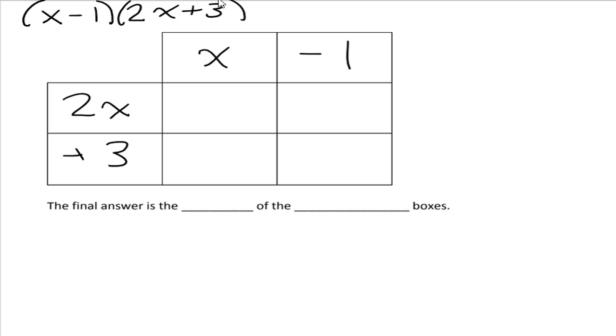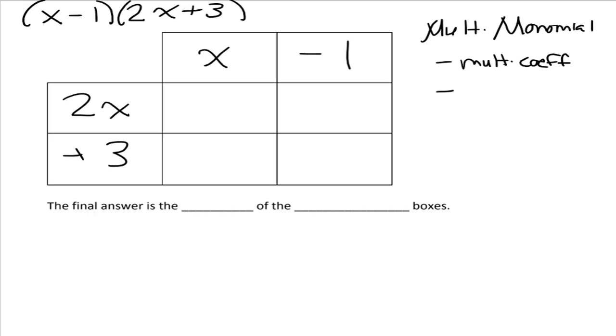And now what I'm going to do is use my rules for multiplying monomials. If you remember, when we multiply a monomial, we multiply the coefficients first, and then we use our rules for exponents, and when we're multiplying we're going to add our exponents.